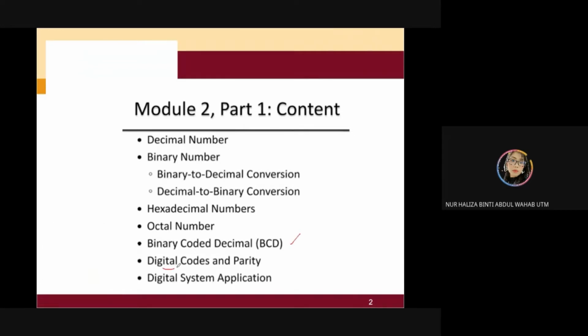Another one is digital code and parity. So you're going to look into several parity in numbering systems, and lastly digital system applications, where you're going to apply all these numbering systems.